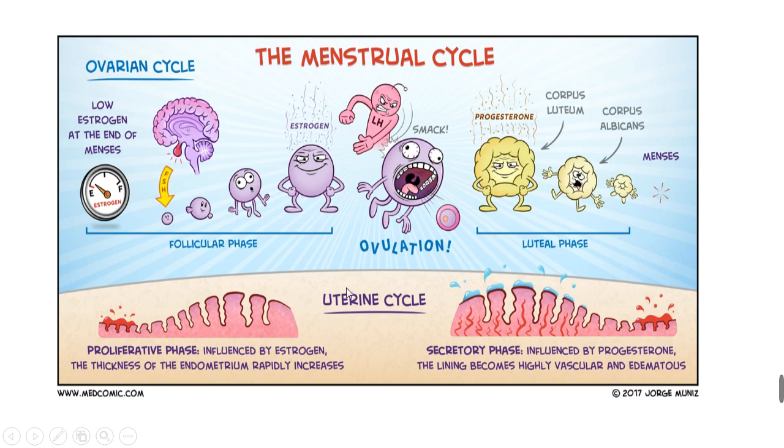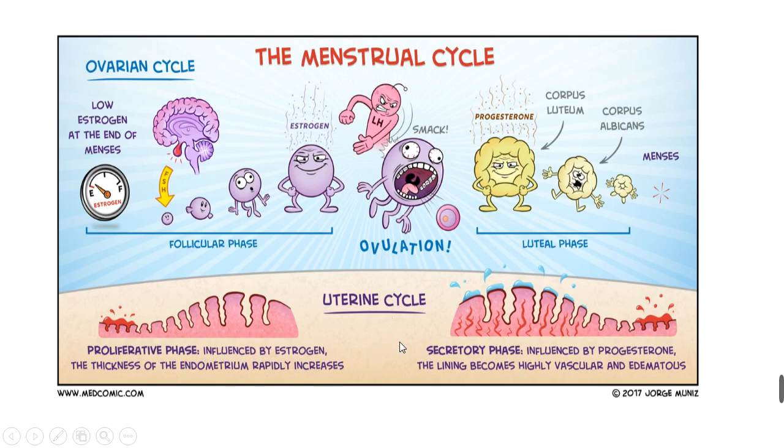If we take the topic of the uterine cycle, there will be the proliferative phase, which occurs during the follicular phase, influenced by estrogen, and the thickness of the endometrium rapidly increases.